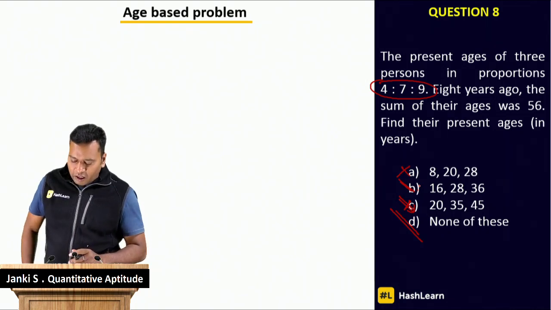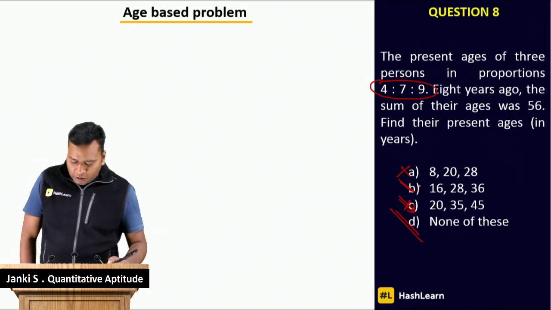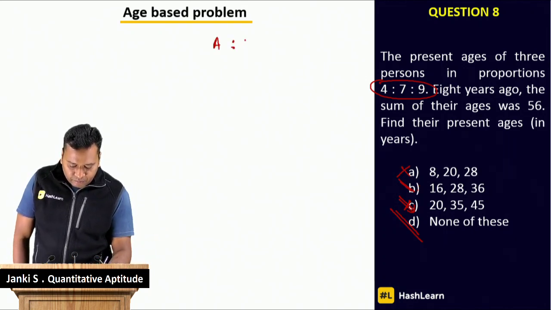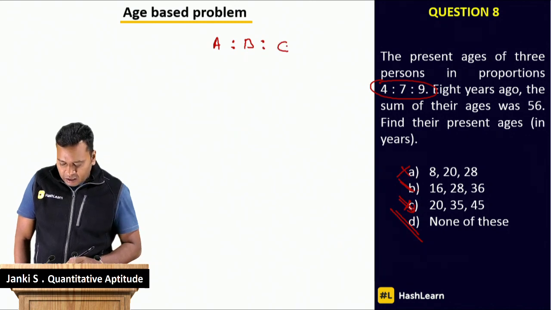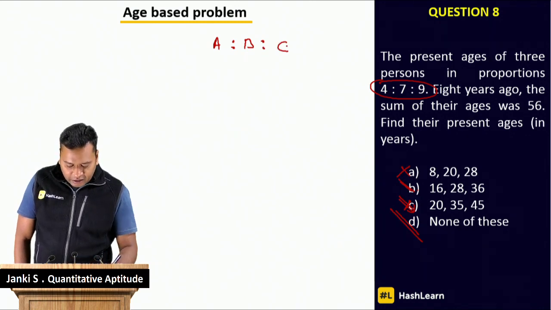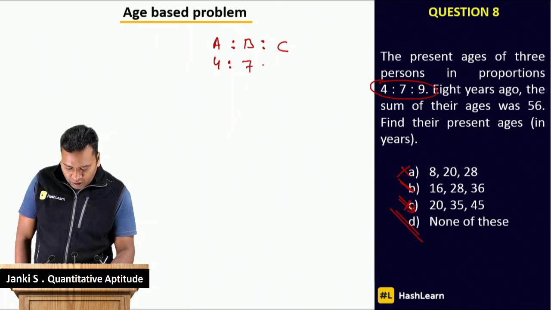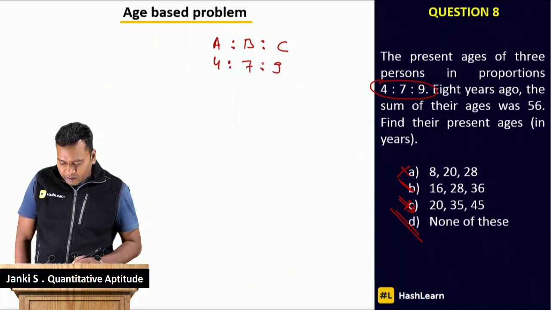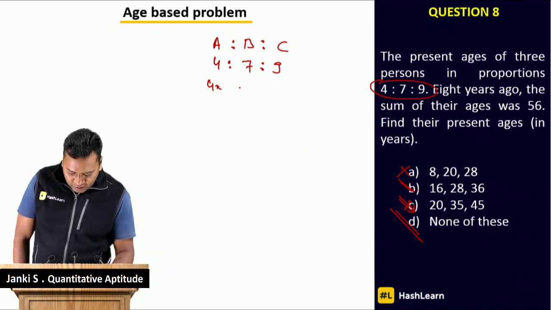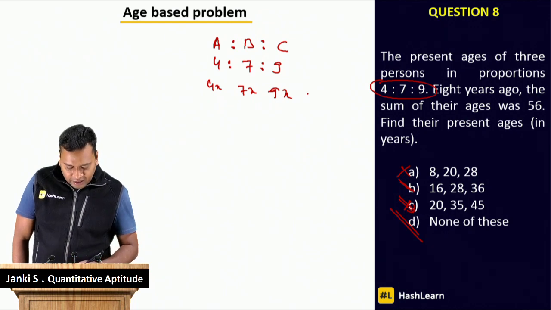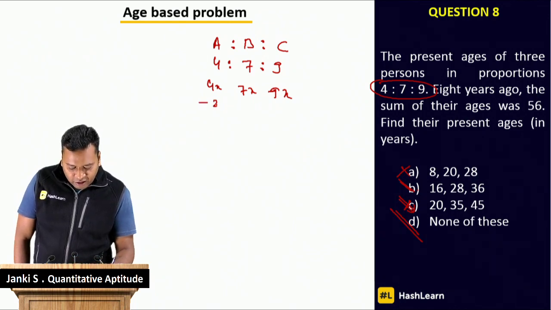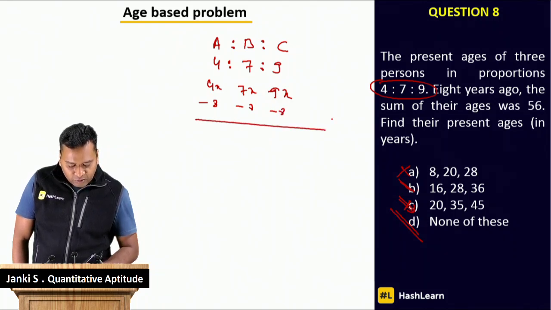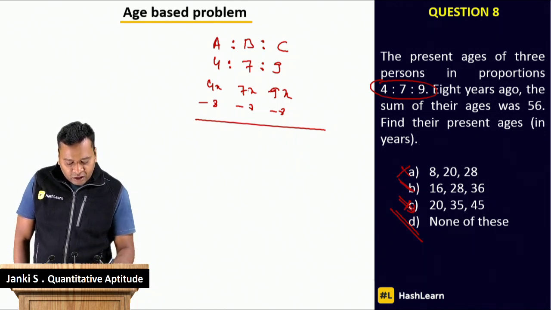But let's try to check the other formats. The present ages of 3 persons, let's say persons are A, B and C. Their ages are in the ratio of 4 is to 7 is to 9. Let's consider 4x, 7x and 9x, right? So 8 years back, what are the ages? -8, -8 and -8, right? So if I add these values, 4x plus 7x plus 9x is how much? 4 plus 9 is 13 plus 7, 20.